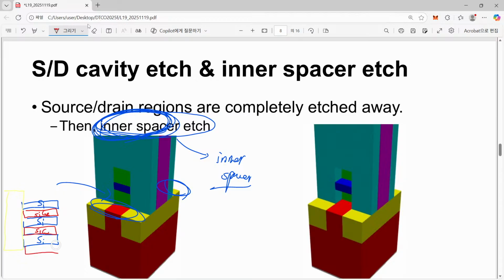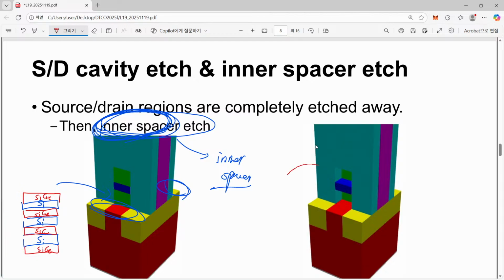Let me just draw it in this way. Now we have a silicon germanium, and also we have made this.